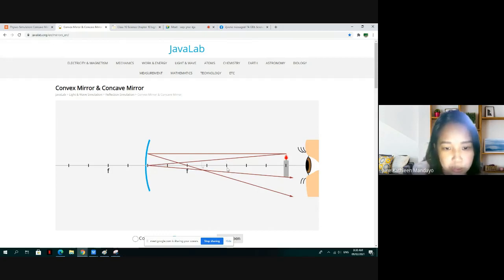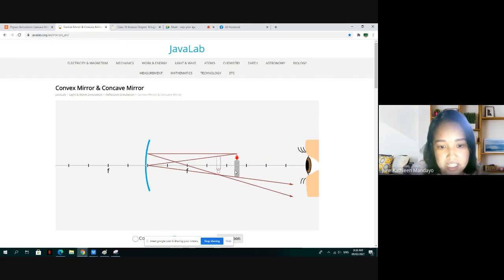Itong points, 2 points after F. So, lagay daw natin siya dito, beyond C. Ito si F, dalawang linya. So, that is C. Tapos, nilagay natin si object natin, itong medyo mas opaque na kandila. So, that is the object. Nilagay natin siya sa beyond C.